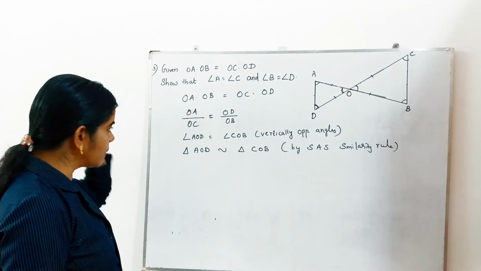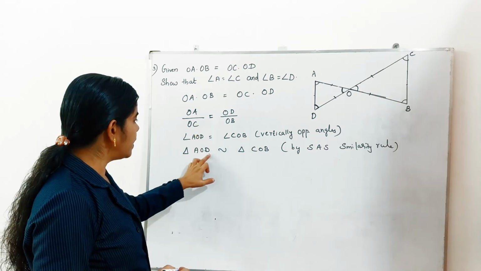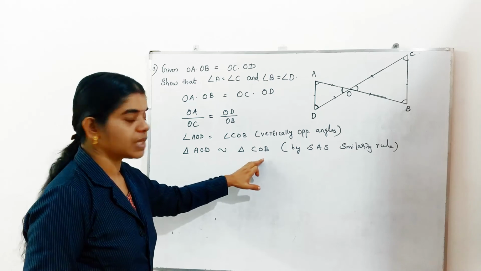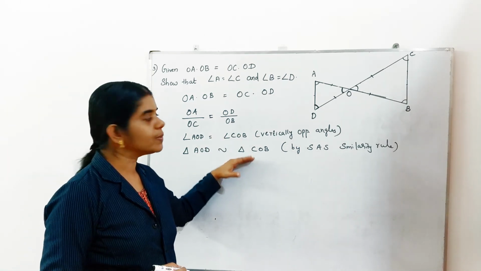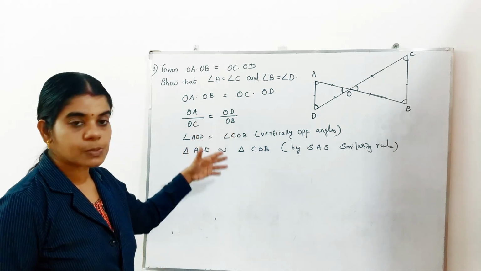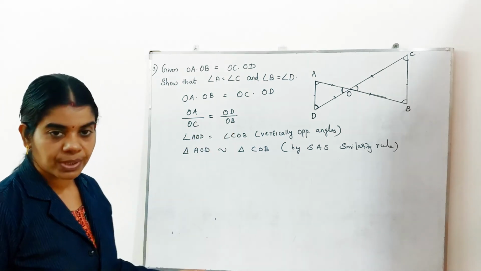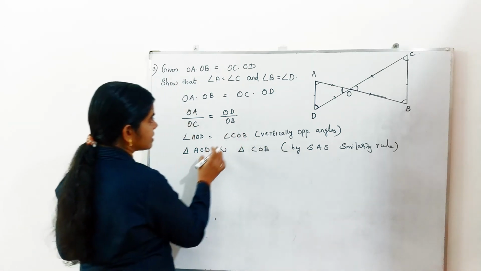Just look, is it okay now? AO by CO, OD by OB, that also we are getting, and angle AOD equal to angle COB. Then while you are writing the similarity, you want to look at the corresponding angles and the corresponding sides ratio also. You want to check whether they are equal or not.